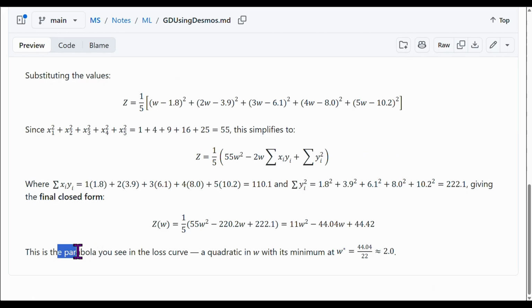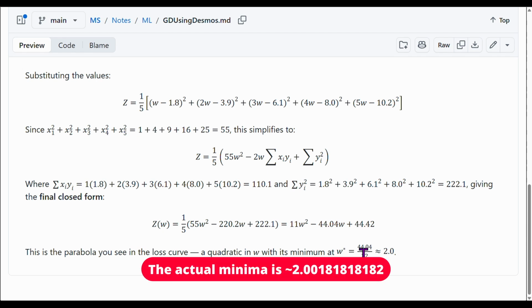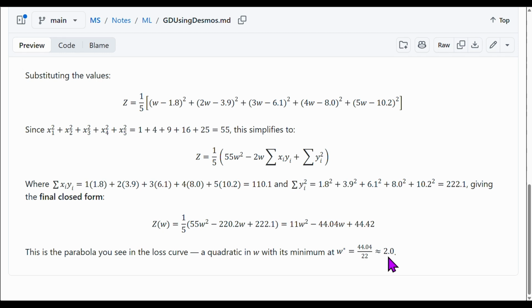And this is what is written here, that in this parabola for the loss curve, the minimum is where you take the derivative and make it 0, and then this will be around 2. At around 2 you have the minimal loss, and that is what you have to predict. So what is the equation?